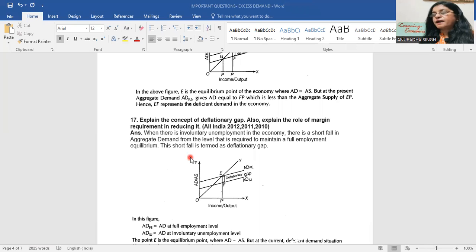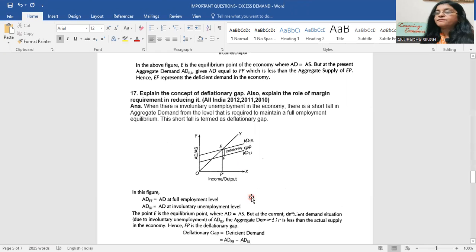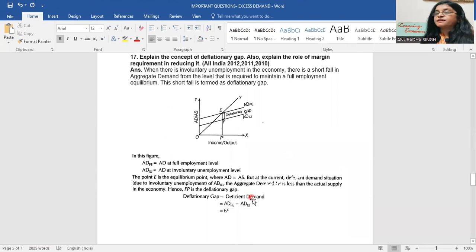This is decided by RBI, whether it is 15% of the loan or 20% of the loan. When marginal requirement is increased, the demand for loans will become less, because people will not have so much and will not take loans. But if marginal requirement is decreased, then people will have that amount and will take loans.